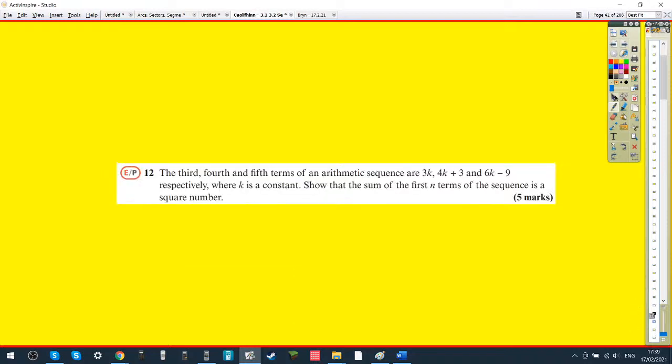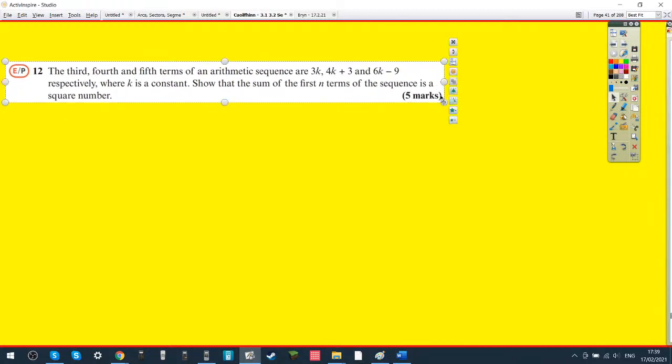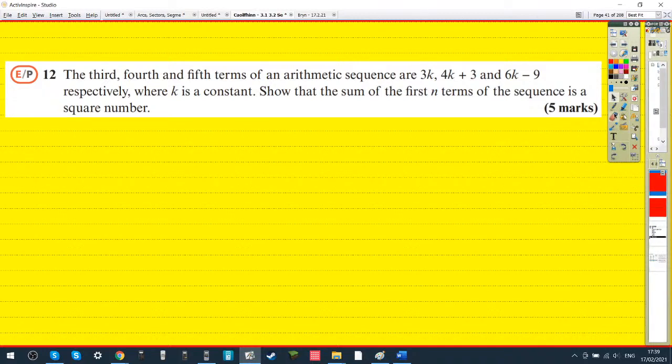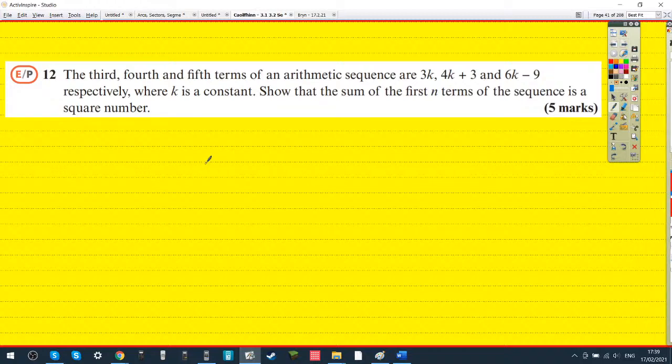Right. How do we start this one? So U3 equals A plus 2D, which is equal to 3K. And U4, doesn't matter.